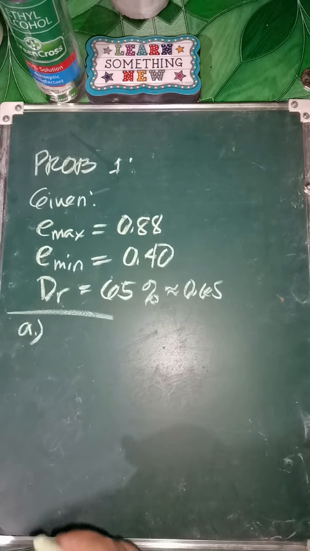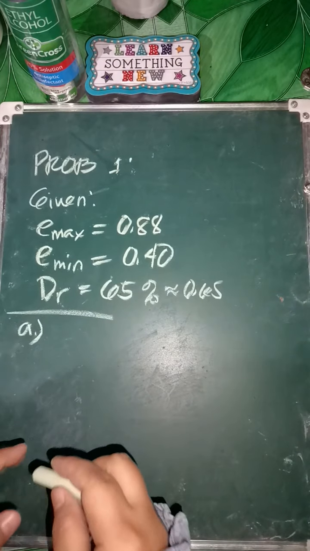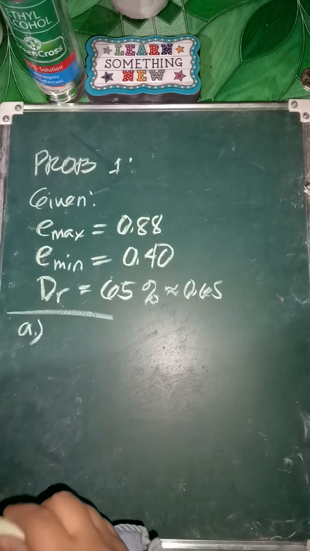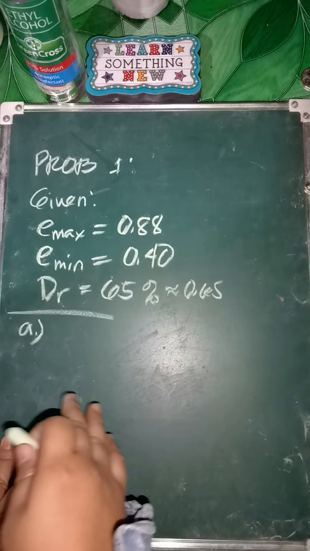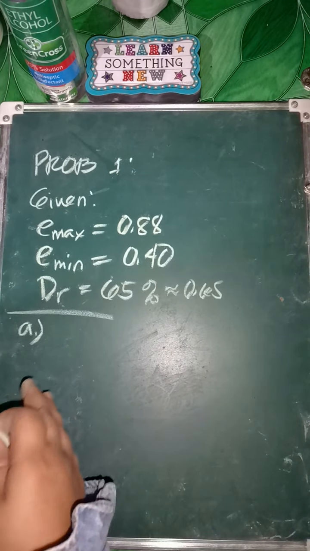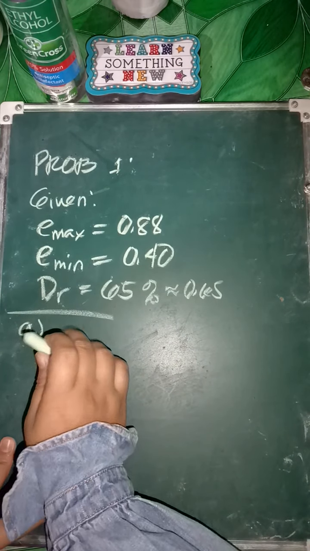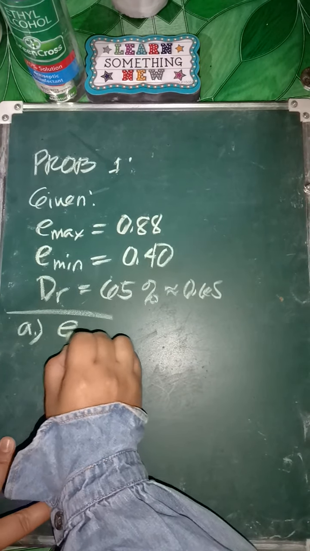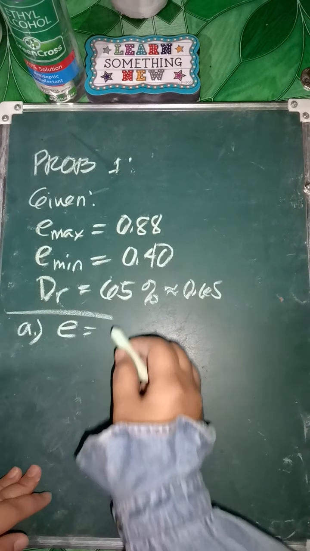What is asked in the letter A is the in situ void ratio. The equation we're going to use is the equation for the relative density in relation to the void ratios. What is asked here is the void ratio E, or the natural void ratio, or the in situ void ratio.